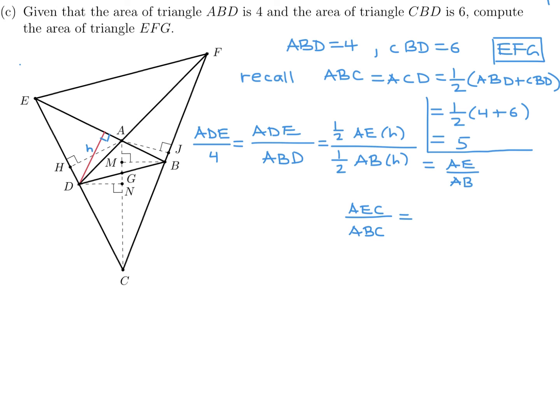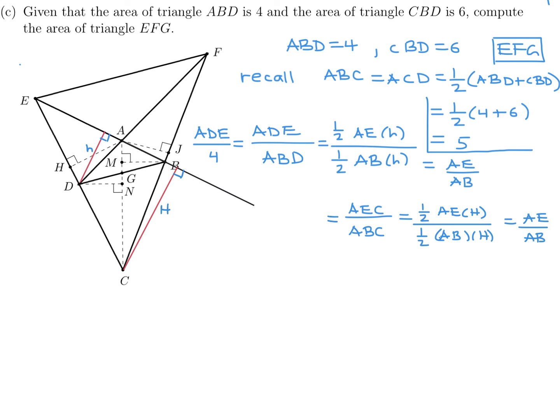So in a very similar way, I'm going to draw two heights, and this time they're going to be drawn to C. So that big one I could just call big H. So that will be a perpendicular right there. So for AEC, it'll be 1/2 base, I'll use AE as the base times height. And then for ABC, 1/2 base, I'll use AB as the base times the height, like that. So this just breaks down to AE over AB, which is exactly what we have here.